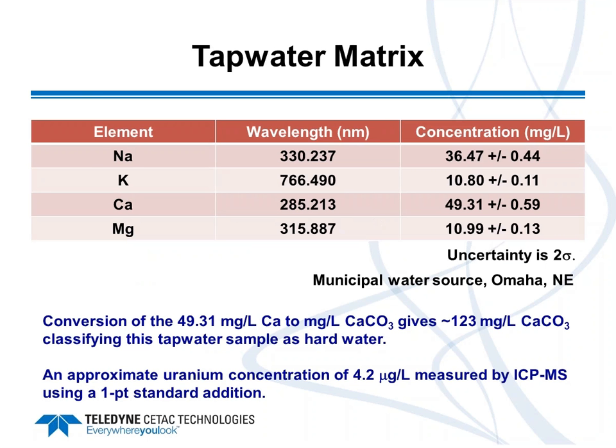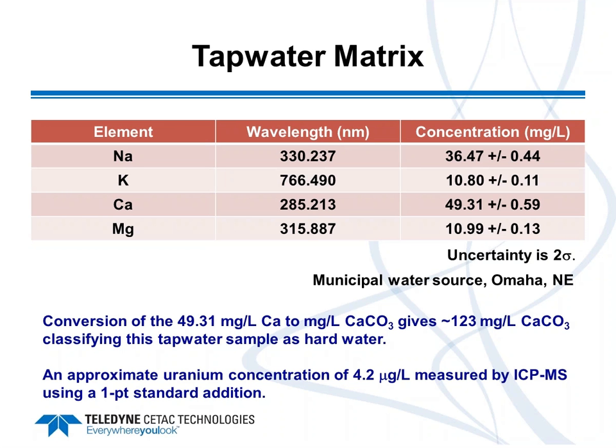The calcium level was measured at around 50 ppm or 49.3, and upon conversion to calcium carbonate, that gave us a calcium carbonate concentration of about 125 milligrams per liter. This, if you coupled it with the magnesium carbonate, would classify this tap water more as a hard water sample. Not a very hard water sample, but as hard water.